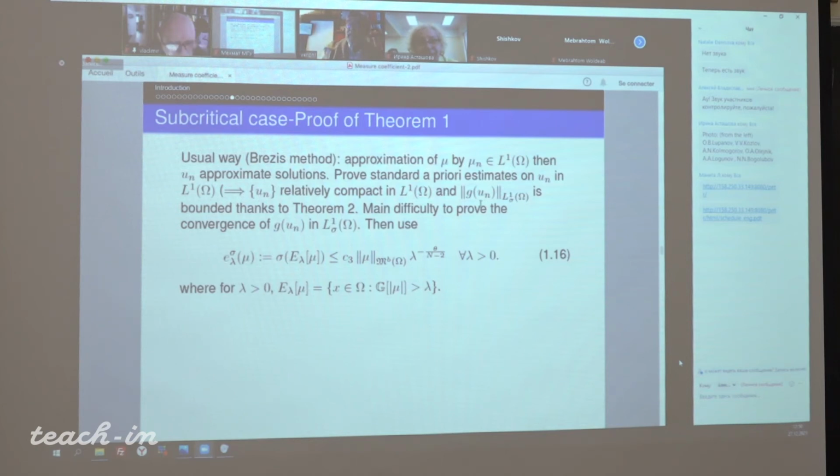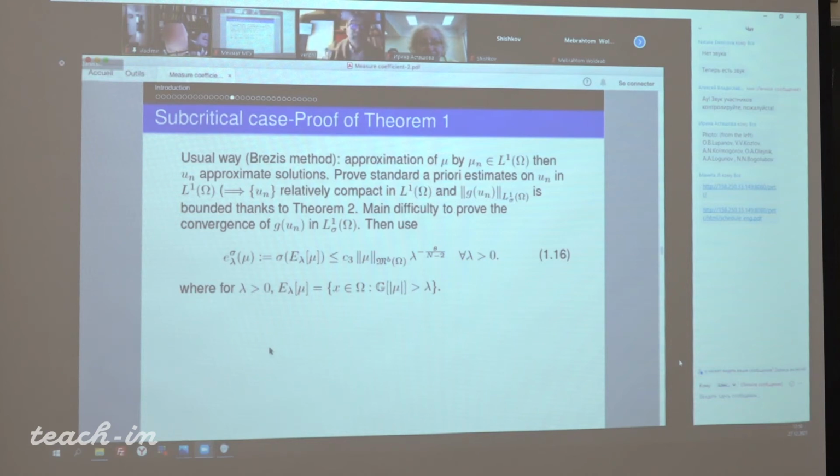G of u_n is bounded in L1 of sigma, and this is because of the a priori estimate that we have, the inequality we have before. So the main difficulty is to prove the convergence of G of u_n in L1 of sigma.